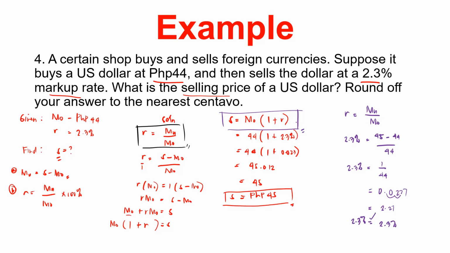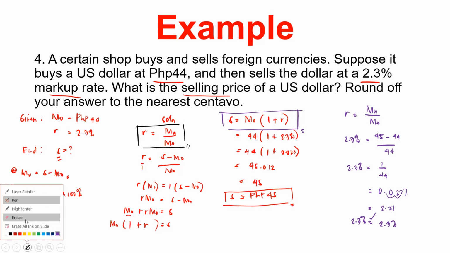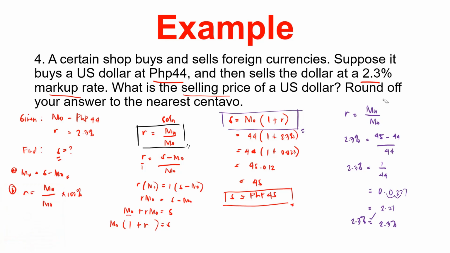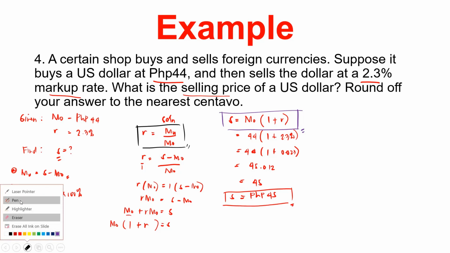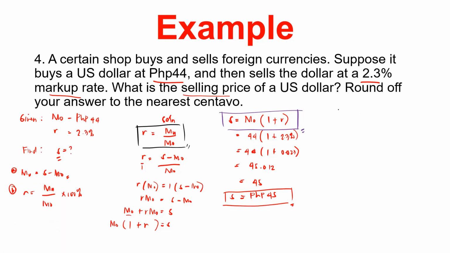Okay. So, may isa pang way yan, class, para masagutan. Kung hindi nyo siya dinerive, pwede nyo siyang diretsuhin solve. Diretso i-input nyo siya. Okay, pakita ko sa inyo. Halimbawa ganito. Diba?